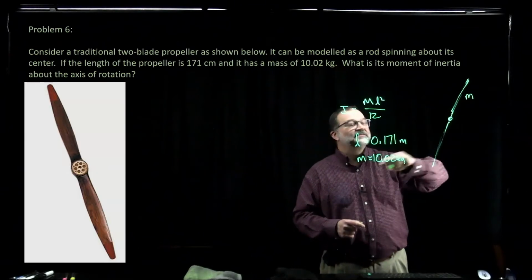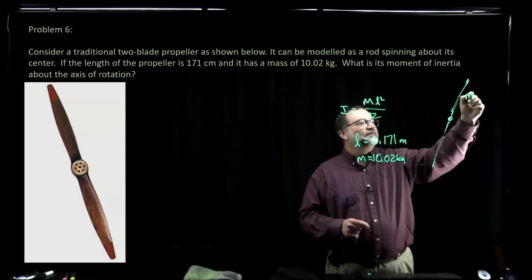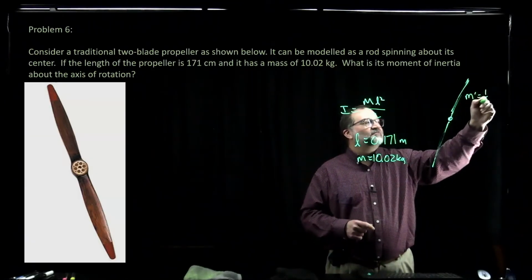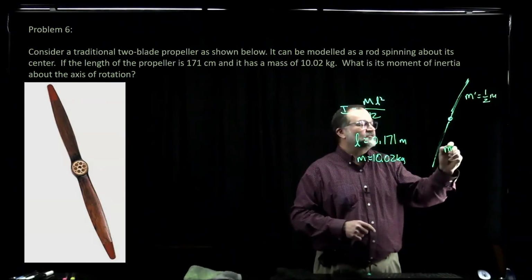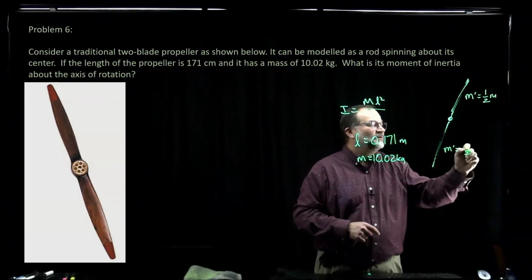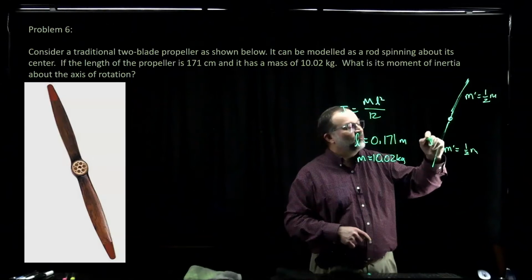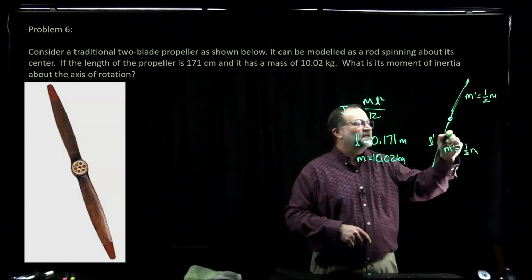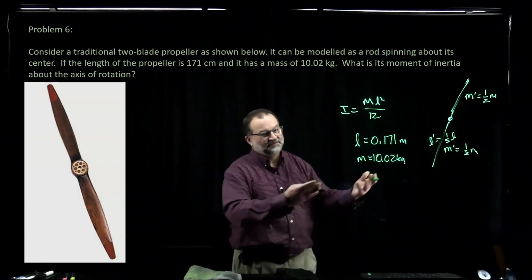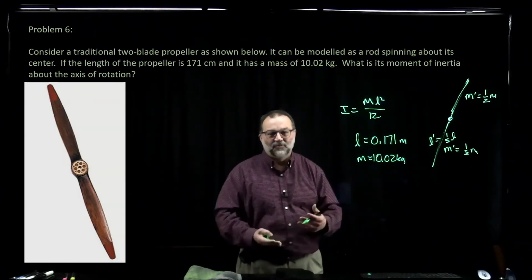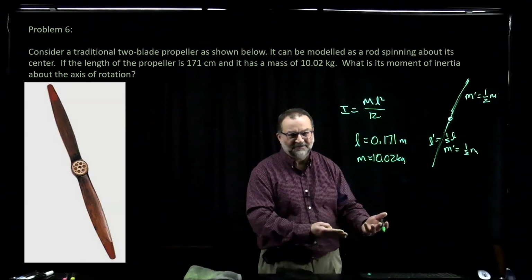So this mass, I'm going to call it m prime, is half of m. And this mass is also half of m. And the length here, L prime, is going to be half of L, right? M prime is half, L prime is half.